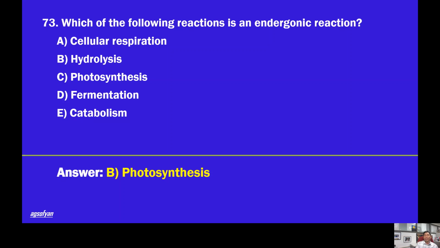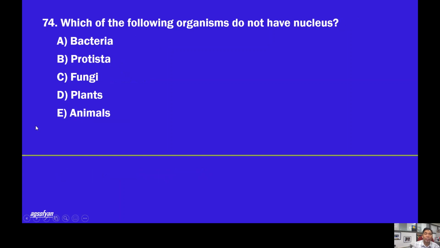So synthesis, anabolism, is usually a reaction that requires energy. So from these choices, choose the one that is anabolism or synthesis process, which is photosynthesis. The energy will enter the reaction, which is the energy coming from light in photosynthesis.